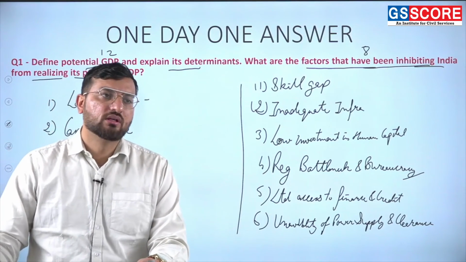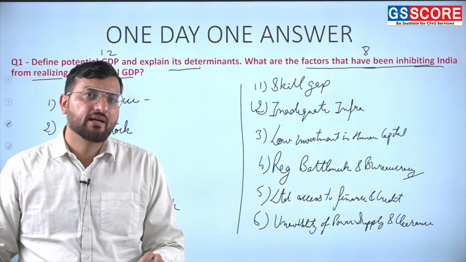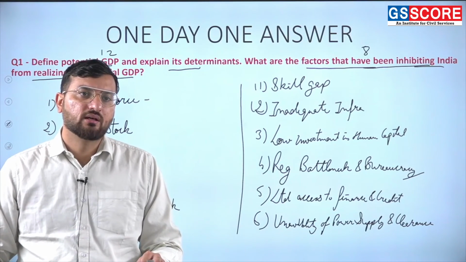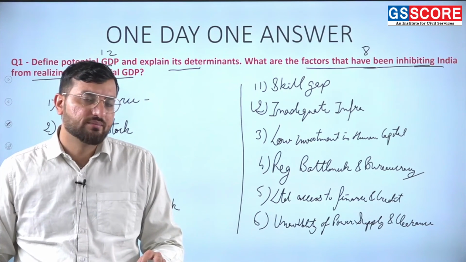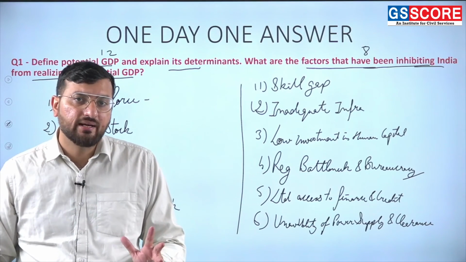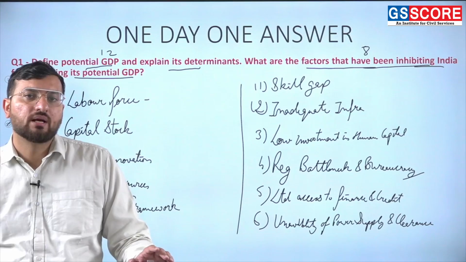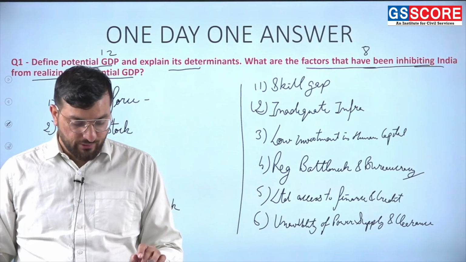Then we can talk about some solutions and data in this part. We can talk about the skill development programs launched by the government. A lot of programs were launched by the government such as Make in India, Skill India, Stand Up India. All those programs are helping us to reach the GDP potential.